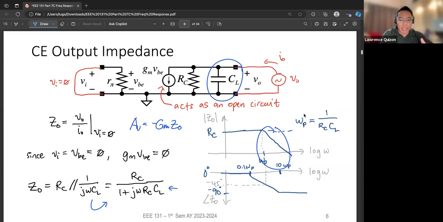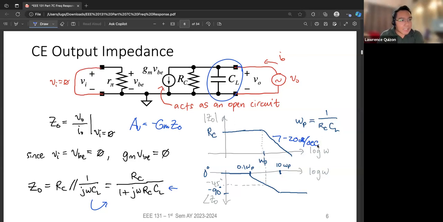But when you add the capacitance, it starts being a low pass filter, and the low pass filter acts like this. You get a 20 dB per decade, by the way, right? So a negative 20 dB per decade roll off at 1 over RC CL. And that's for Zout, no?